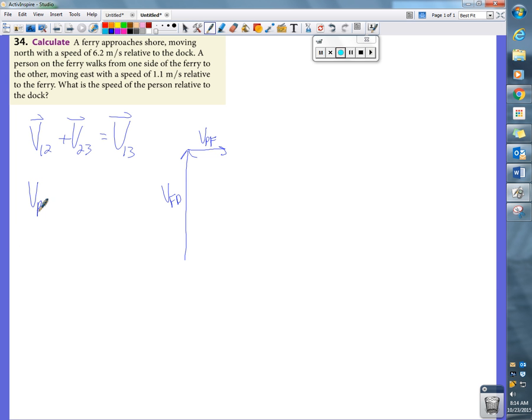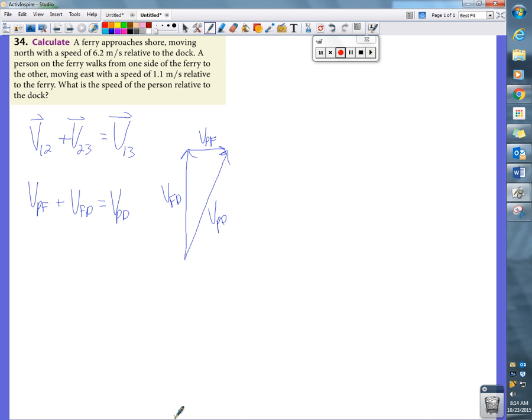So here, VPF plus VFD is equal to the velocity of the person relative to the dock, 1, 3, person, dock, which would be represented by this guy here, VPD. So, this vector is due north. This vector is due east. So this problem is not too bad.